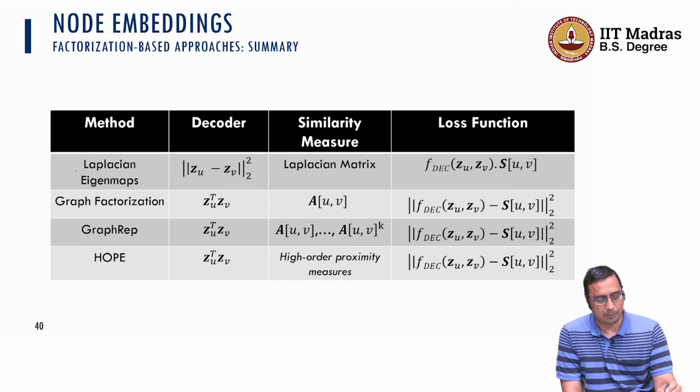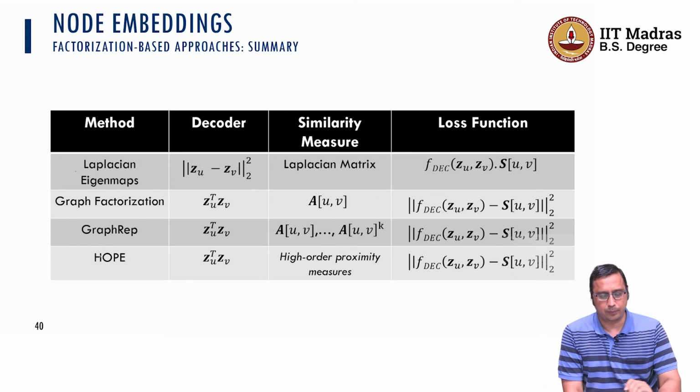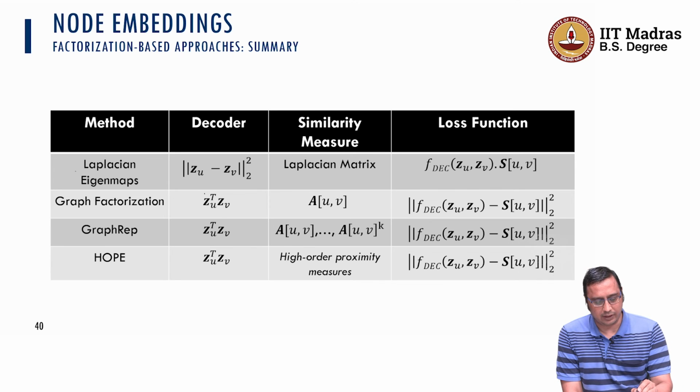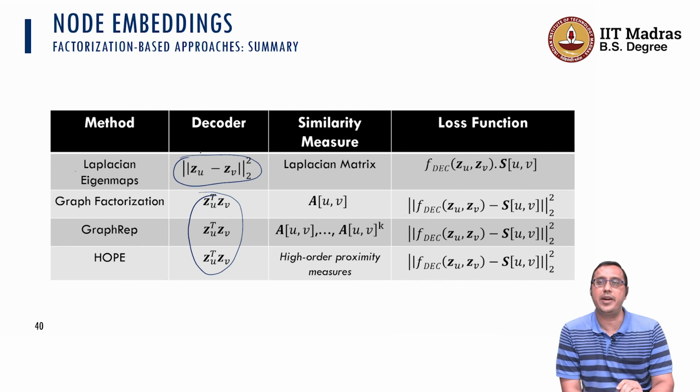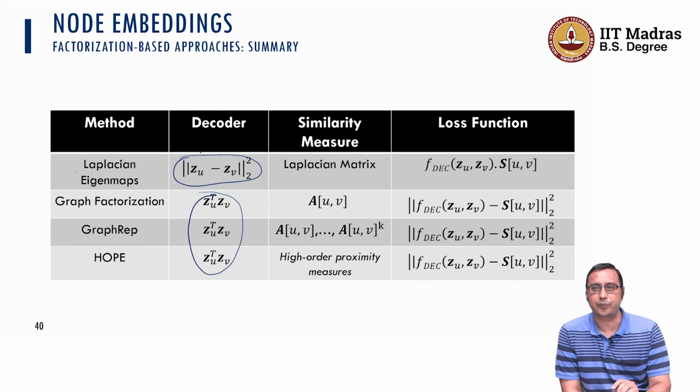We have looked at Laplacian Eigenmaps, Graph Factorization, GraRep and HOPE, where we have seen that the last three methods use an inner product based decoder, while the Laplacian Eigenmaps based method uses the difference between two embedded vectors, square minimization or L2 norm square minimization.